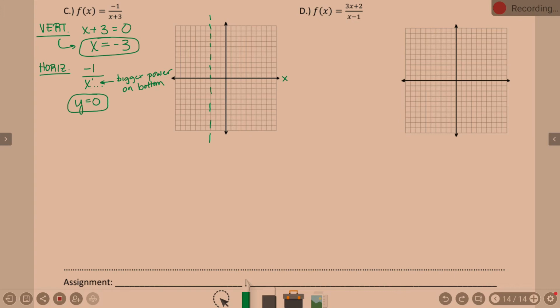That's only when the powers match. And powers didn't match, so we had to go to a different rule here. Now, where is a horizontal asymptote y equals 0? On the y-axis, where is 0? It's right here. So the horizontal asymptote y equals 0 is the same thing as the x-axis.